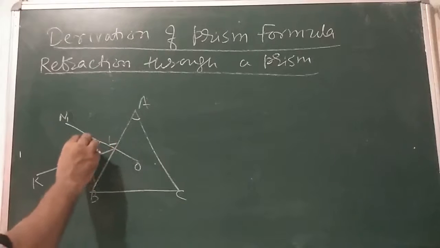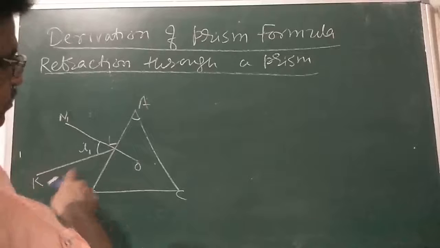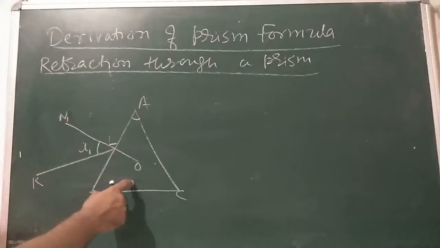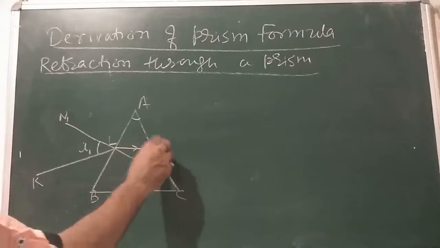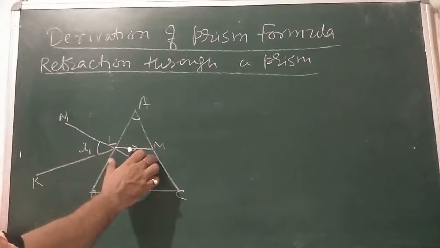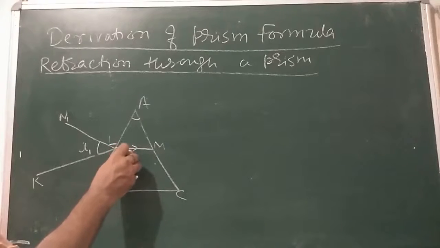At an angle of incidence I1, it bends towards the normal because this is the air medium and here the glass medium is denser. So it is refracted along LM at an angle R1.